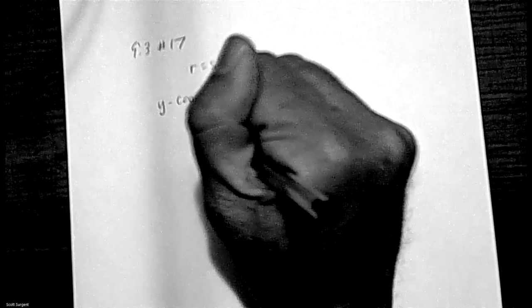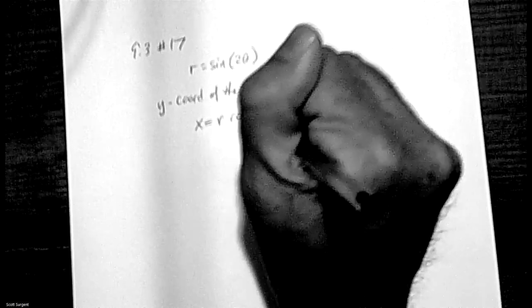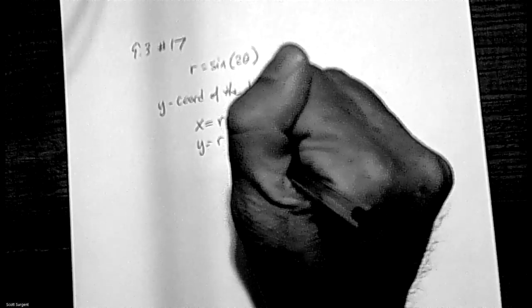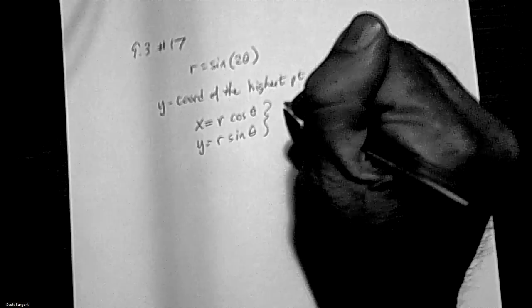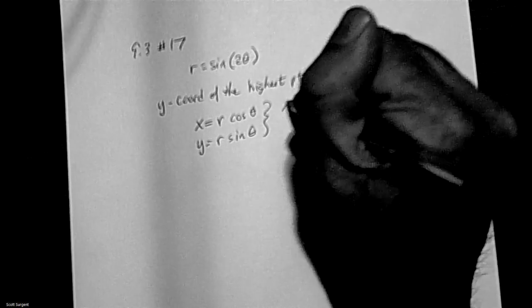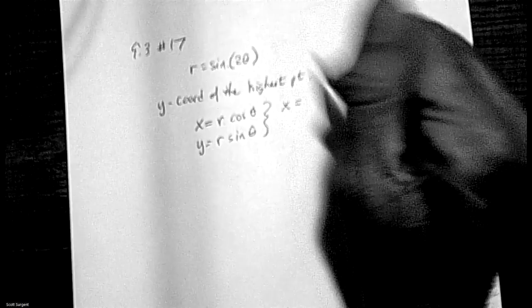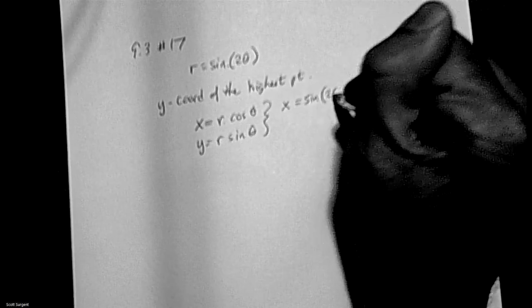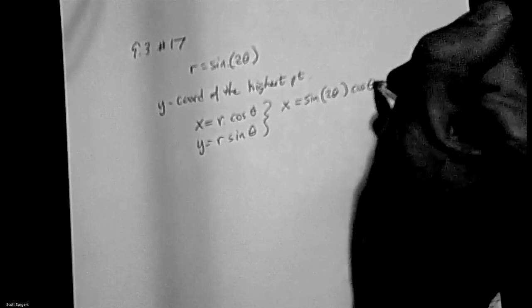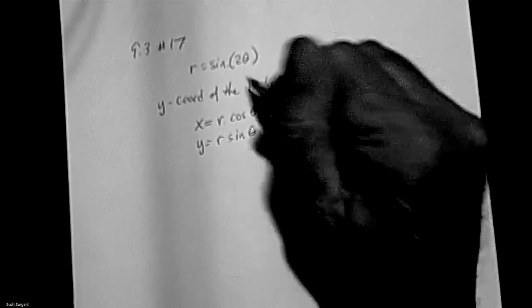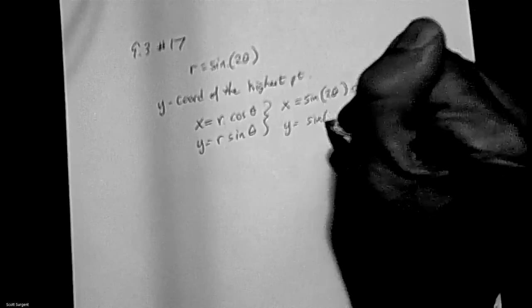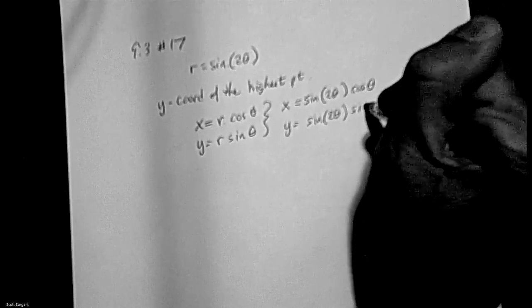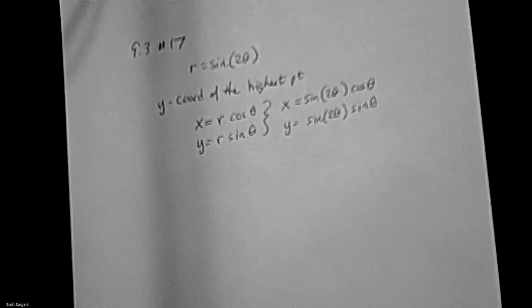We're going to use that old trick that x is r cos theta, y is r sine theta. And that way, r is this guy, so x is sine of 2 theta cos theta, and y is this guy again, sine of 2 theta sine theta.